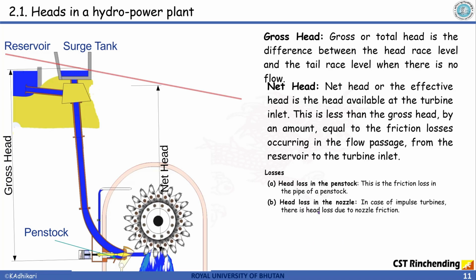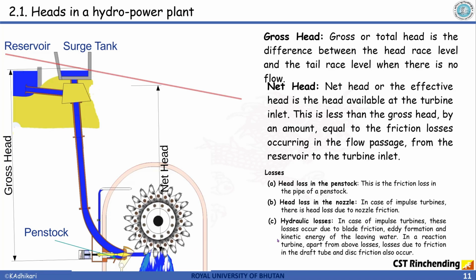And head loss in the nozzle: when this water is converted into a jet, there's always a minute fraction of losses because of eddy formations. And also there are hydraulic losses when it impinges the turbine. So these are some of the losses to quantify, and with these losses, the net head is always less than the gross head in a hydropower plant.